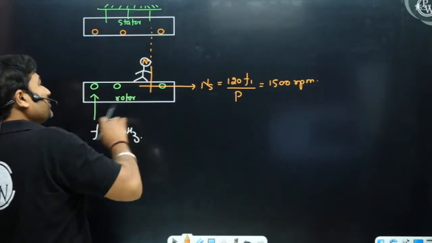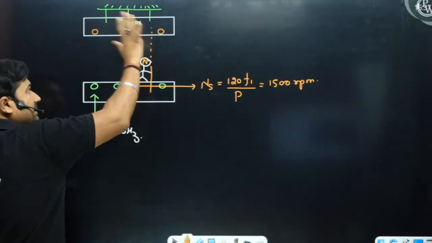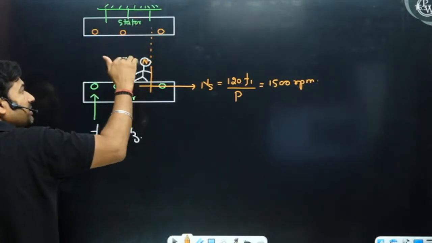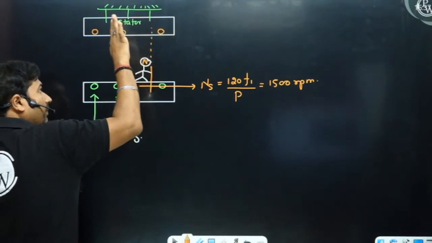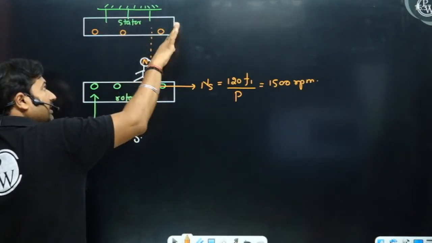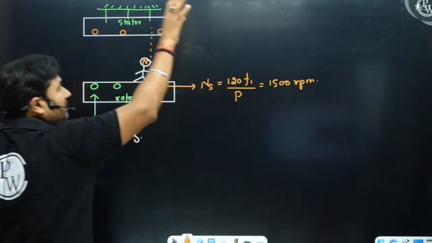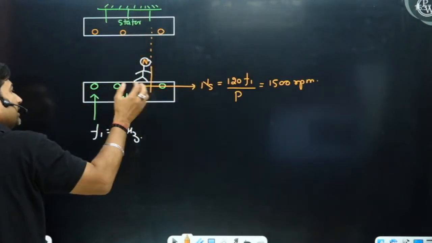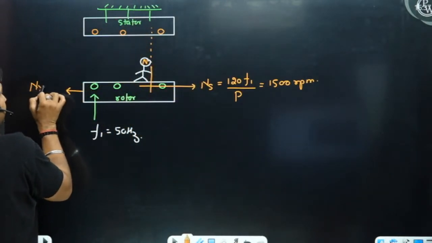So what happened? The induced EMF in the stator is such that it creates a current which opposes the relative motion between the rotor field and the stator winding. To oppose this relative motion, the stator would have to start in the same clockwise direction. But since the stator can't move, the rotor will start in the opposite direction at a speed of nr.